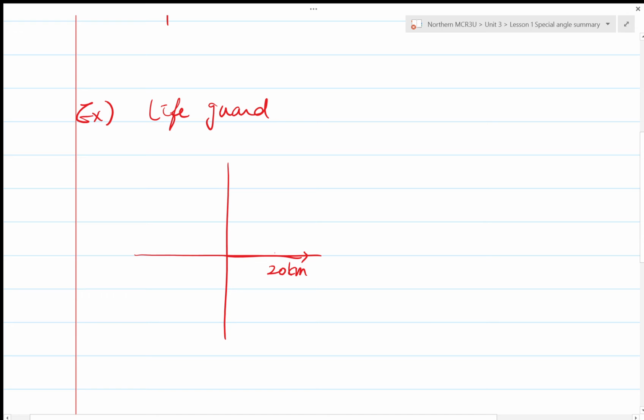So this is due east, and that's our person A. Then our person B, or the boat B, is at 60 degrees west of north. So 60 degrees west of north means from north you go west to 60 degrees. So it will be all the way to there, isn't it?